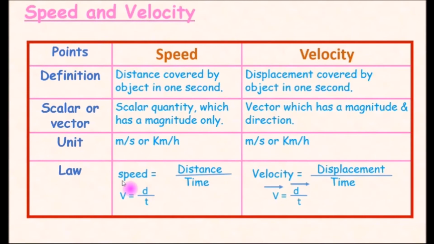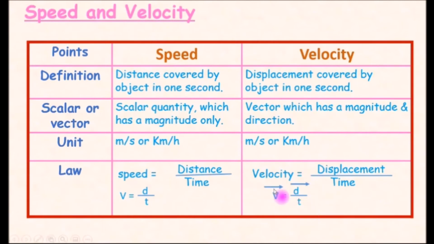Let's see the rule or the law of speed and velocity. The rule of speed is distance divided by time, or d divided by t, while in case of velocity it is displacement divided by time, or d with an arrow above it to identify the direction, divided by time.